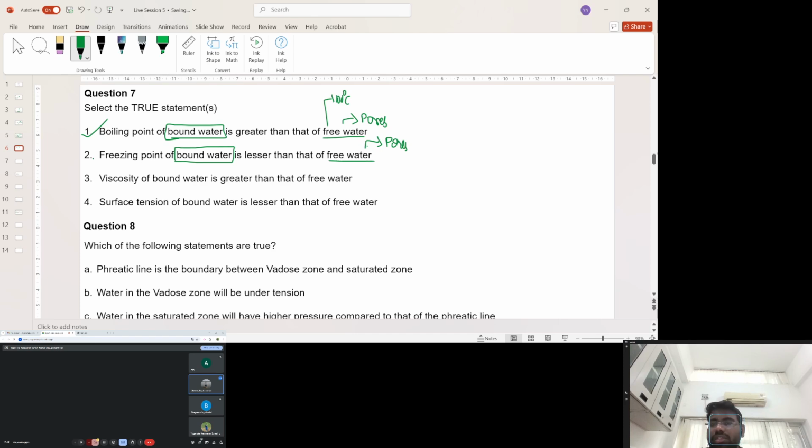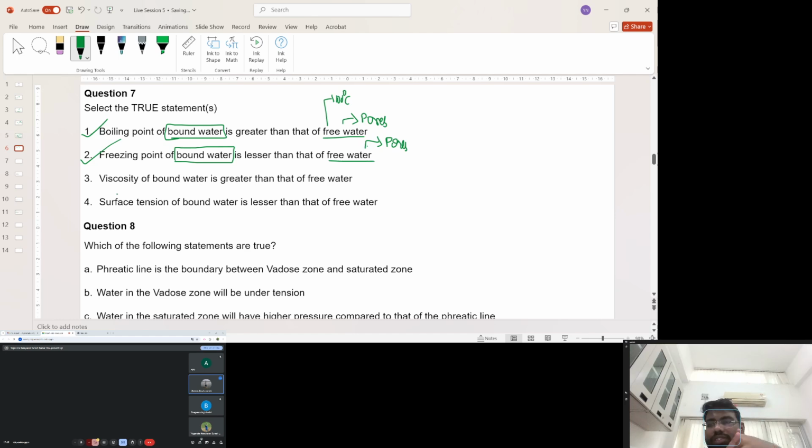That depends on the thickness, and it depends on salinity. It depends on the thickness, which indirectly depends on the mineralogy, grain-water surface and several other parameters. So this option is also right. Coming to the third option, viscosity of bound water is greater than that of free water.